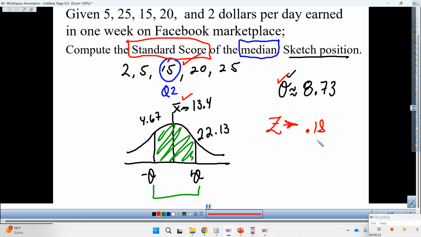Hands if you got something like that. Looks about right. 0.18 is about 1/5 away from the mean going upward, so it's about right there. All right. Hold on. So far, so good.